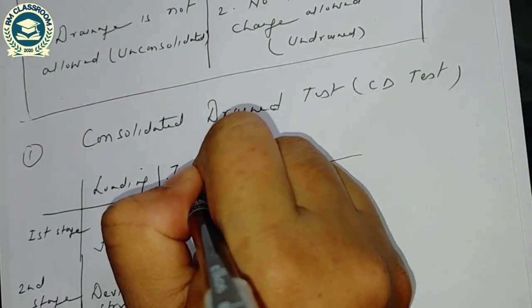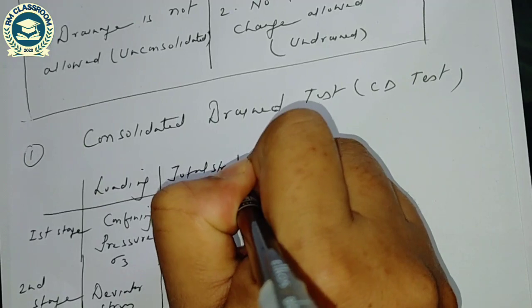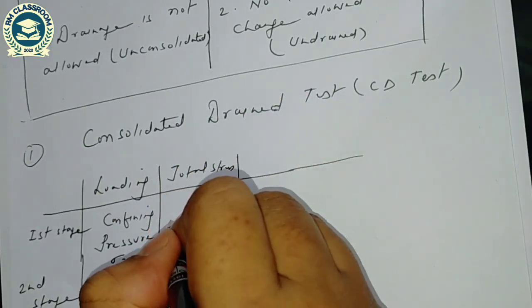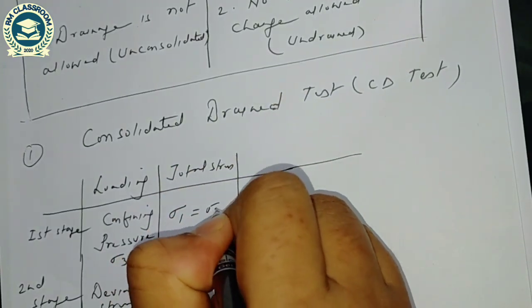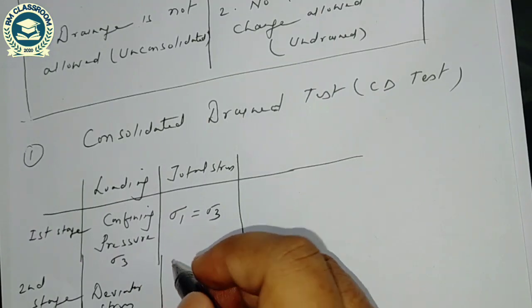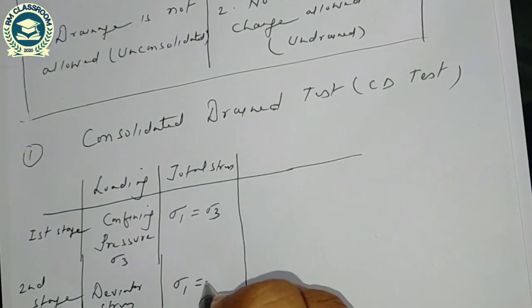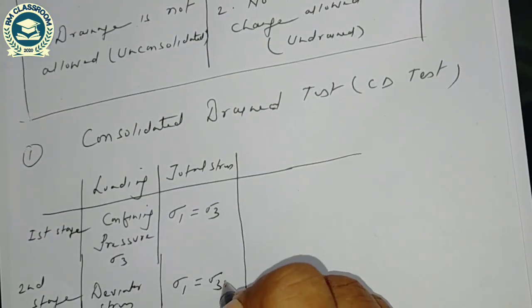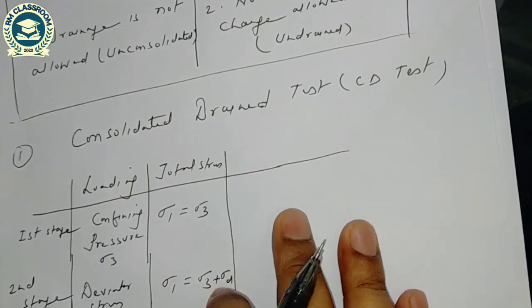Total stress sigma 1 is equal to sigma 3 in the first stage, and in the second stage sigma 1 is equal to sigma 3 plus sigma d.